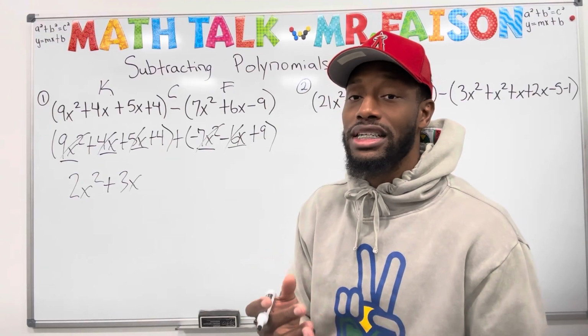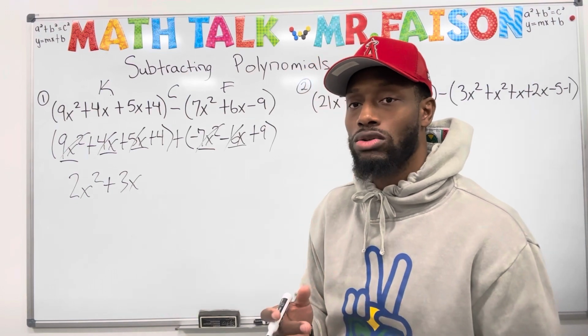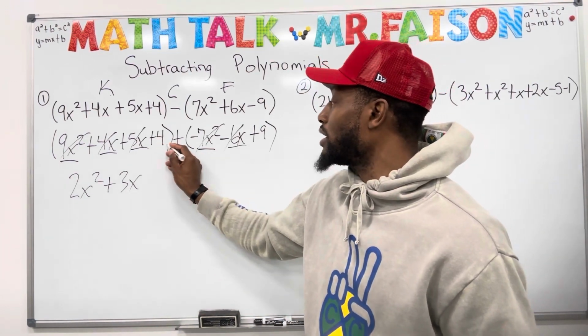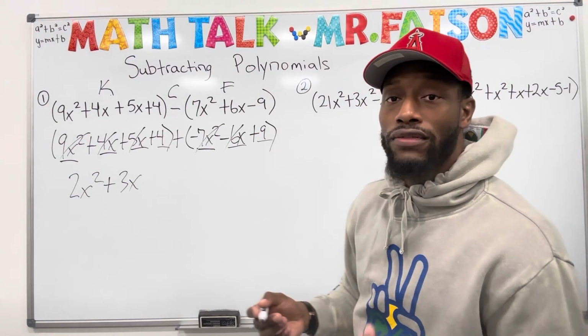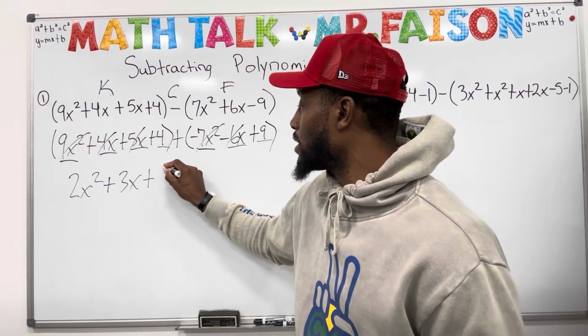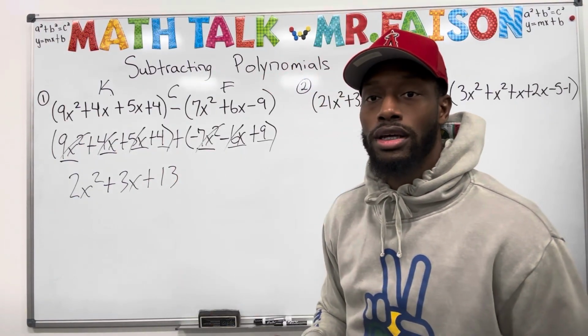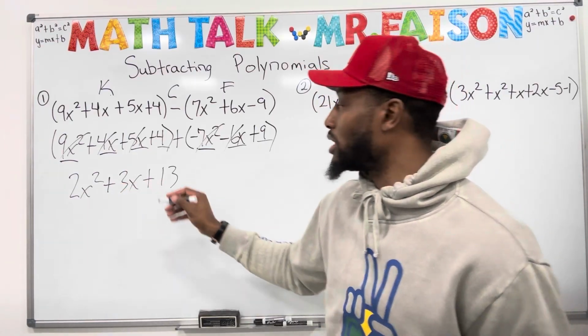Remember, your constant is a number that doesn't have a variable attached to it, a number that just stands on its own. So I have a 4 right here, and I have a 9 right here. If I combine them two, 4 plus 9 is going to give me 13. Now I'm looking at my answer, 2x squared plus 3x plus 13.